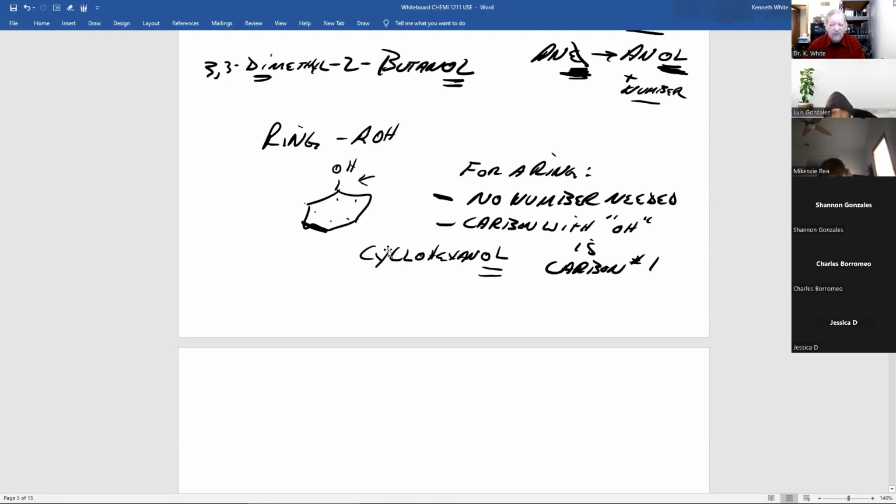So when you have a ring with nothing else on the ring, name it as a cycloalkane, drop the E, add OL, and the carbon with the hydroxyl group is always number 1, and we don't write that.